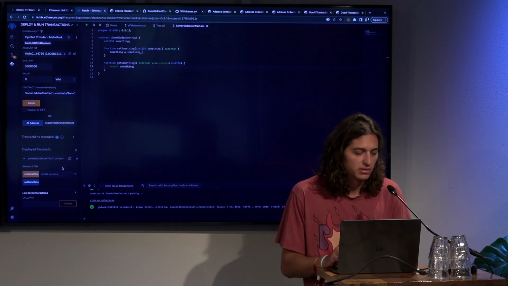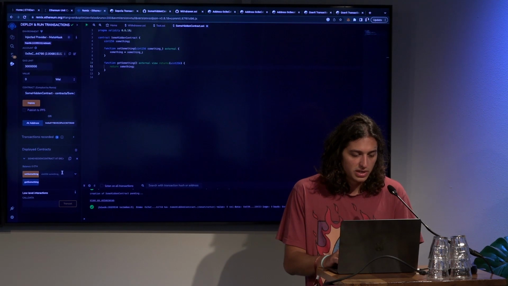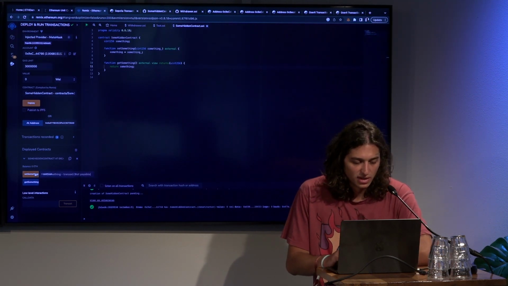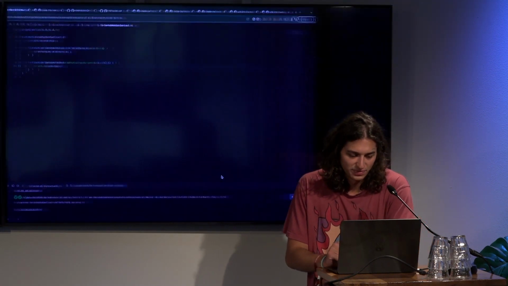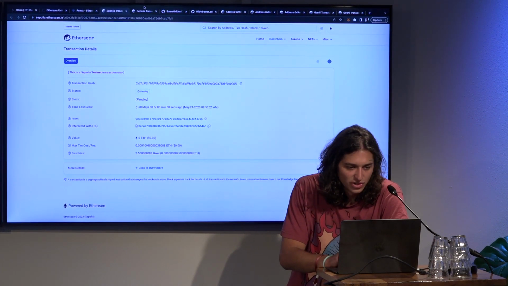Remix provides us an interface of the contract that we just deployed. And we can put some number there, for example, 55555. Let's set it on chain, so it's going to be stored in storage. Again, let's check it out.